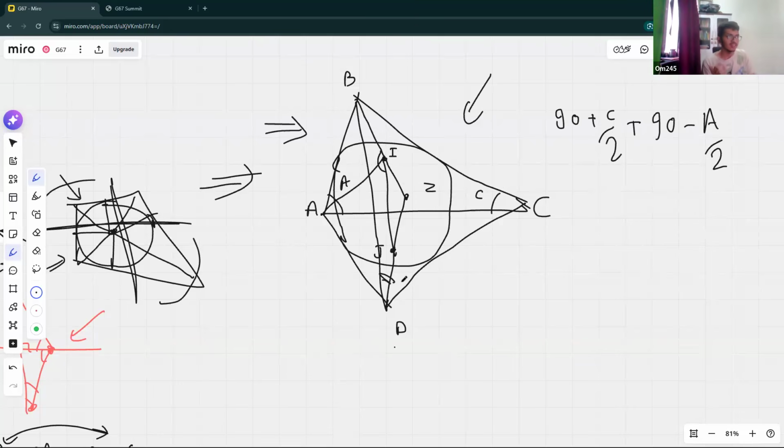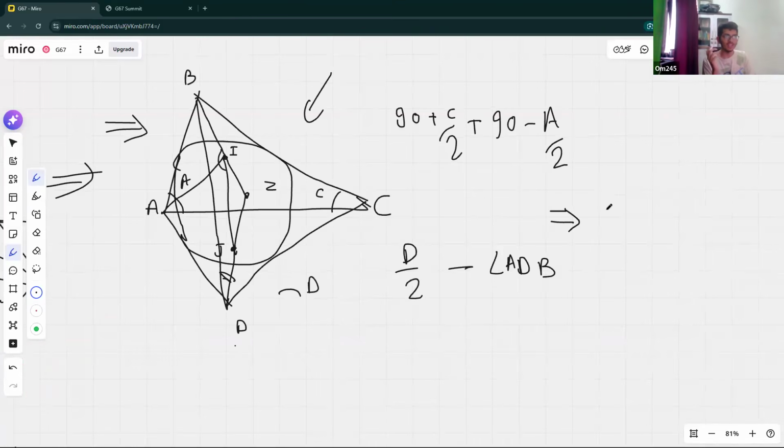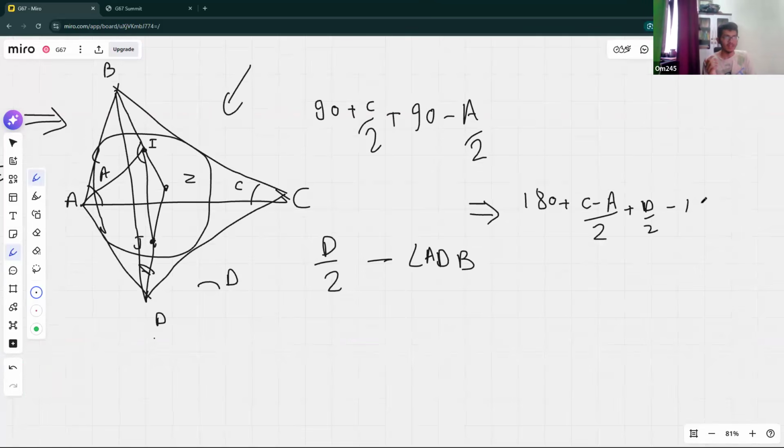And if you call this whole angle D, then this is D by half minus angle ADB, right? What condition can make the sum of these two angles 180? If we add these two angles, we get 180 plus (C minus A) by half plus B by half minus angle ADB.